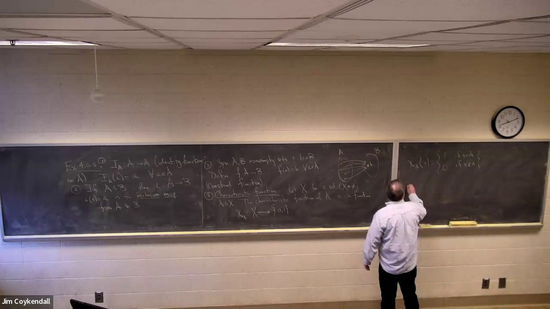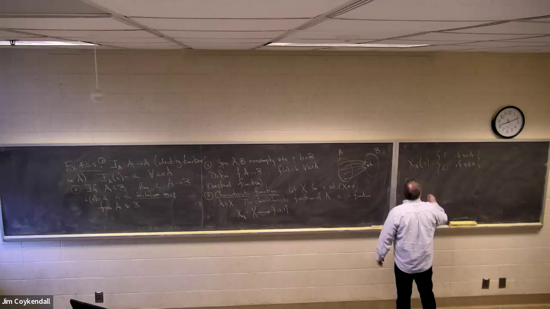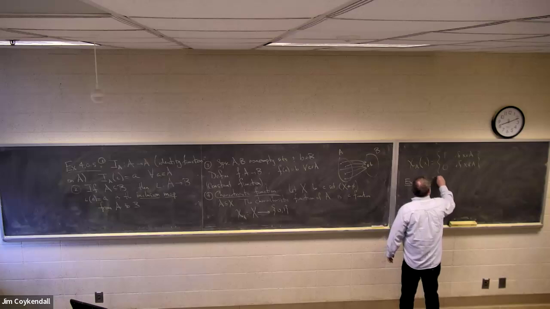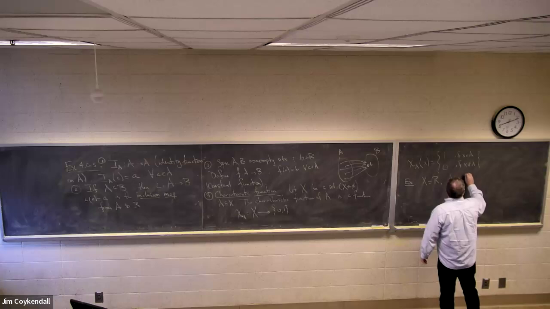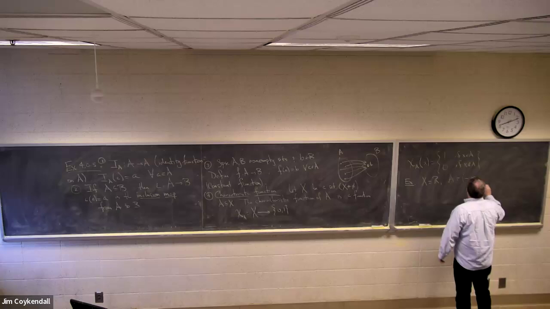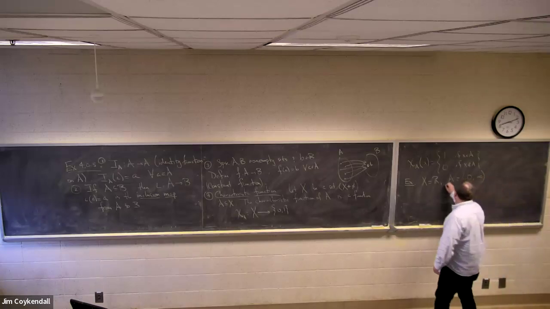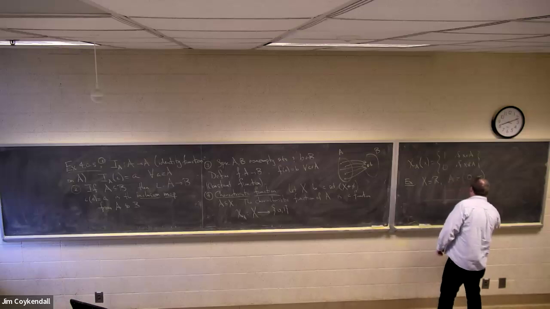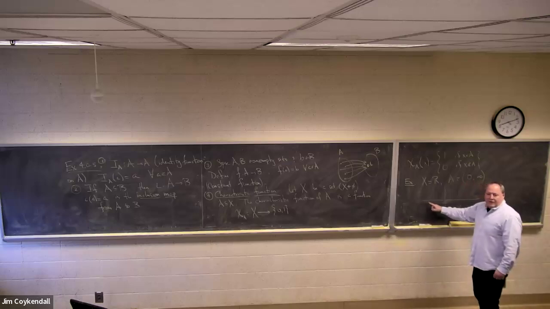So here's an example of a characteristic function. You might have X be the real numbers and A be the interval from 0 to infinity. What does the characteristic function do? Well, I can actually draw a picture of this. It reads all these over here.